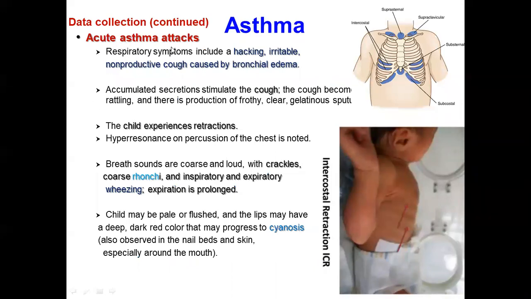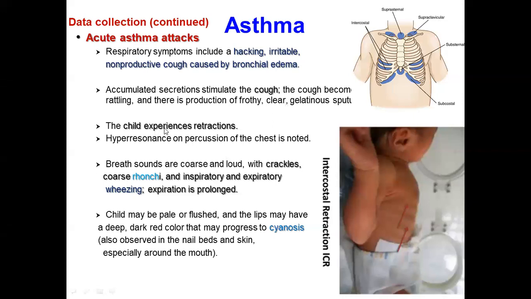Acute attack respiratory symptoms include an irritable non-productive cough caused by bronchial edema. Accumulated secretions stimulate the cough, which becomes rattling, or there is production of ruddy clear sputum.